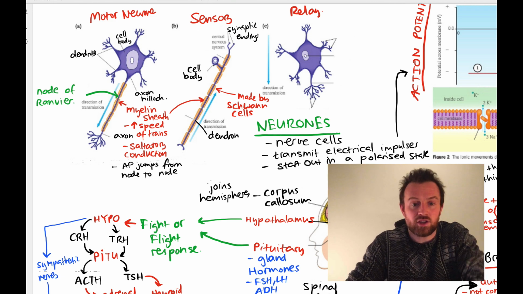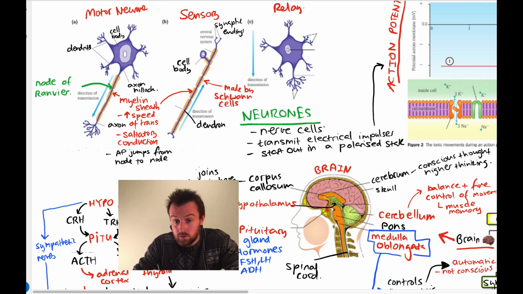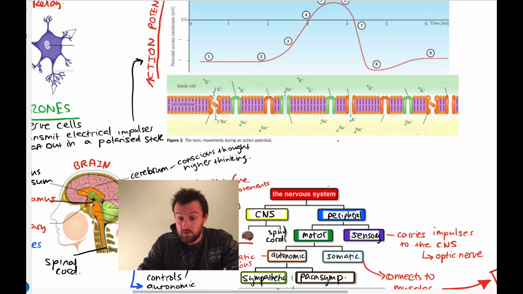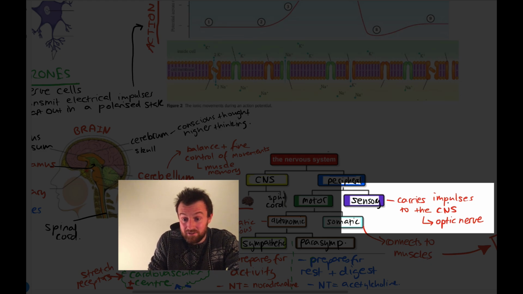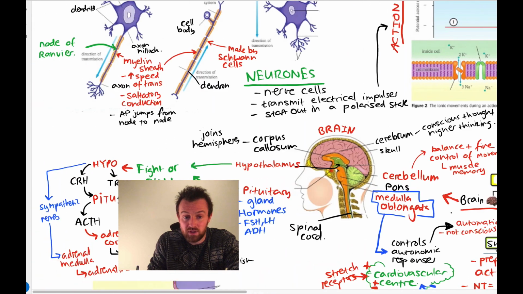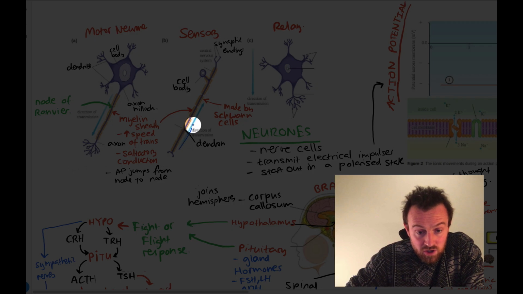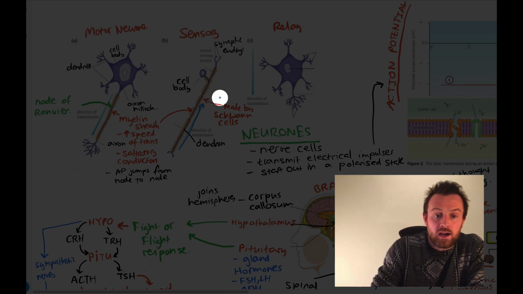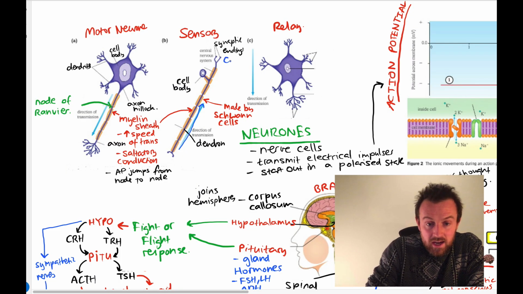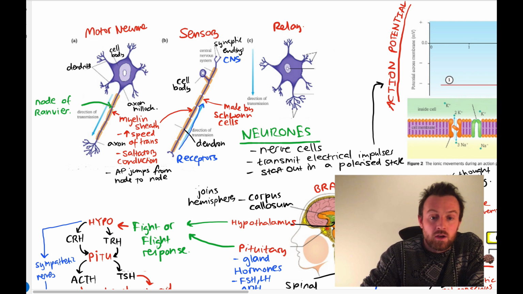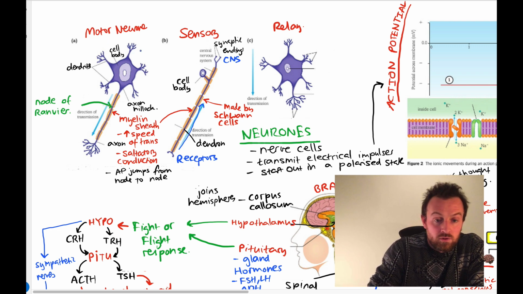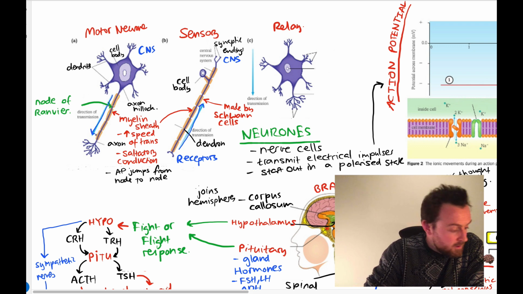We said that the sensory part of the nervous system carries impulses to the CNS, for example, the optic nerve. So we can see that here. The direction of transmission is this way, going to the CNS up here and from receptors down here. So, for example, receptors in the retina up to the CNS, whereas the motor neuron goes from the CNS up here. The direction of transmission is this way.